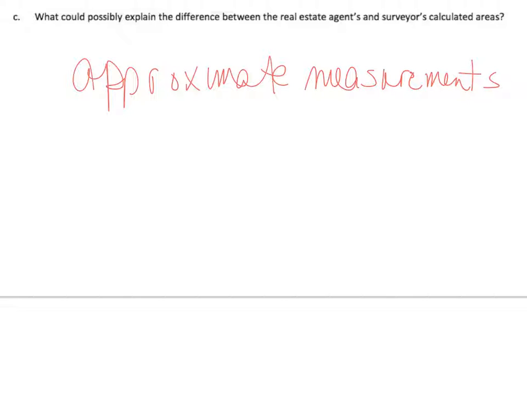If I go back and look at the description of the problem, they each examine a plot. The real estate developer measures and finds them to be approximately 4,000 feet. The surveyor measures and finds them to be approximately 4,000 and 3,400 feet. So if you have approximate measurements, you're going to have some error. So you would need exact measurements to get a more exact answer.